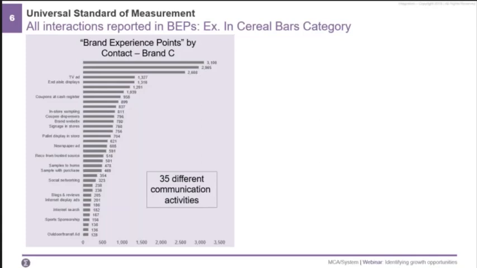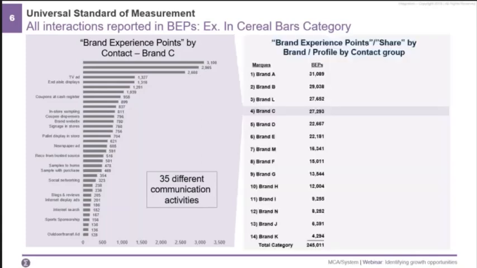Most importantly, we're able to add them up so we know how much we are achieving in total, and we can benchmark, because the research allows us to see both what we are achieving across all of our contacts, but also what all of our competitors are achieving.